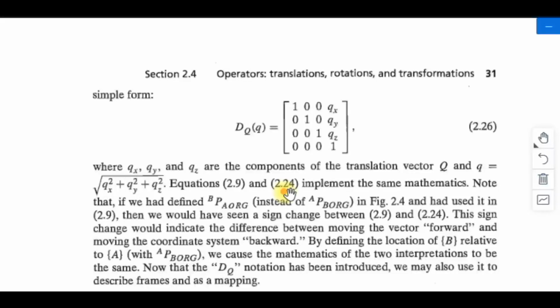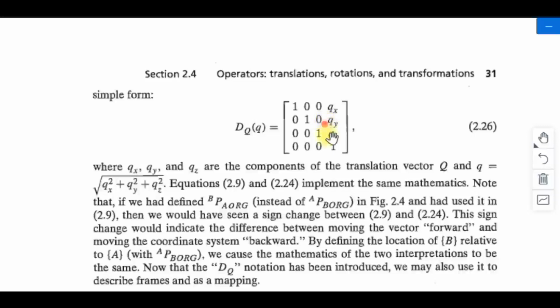So in simple form, look at DQ, it is nothing but an identity matrix with Qx, Qy and Qz.